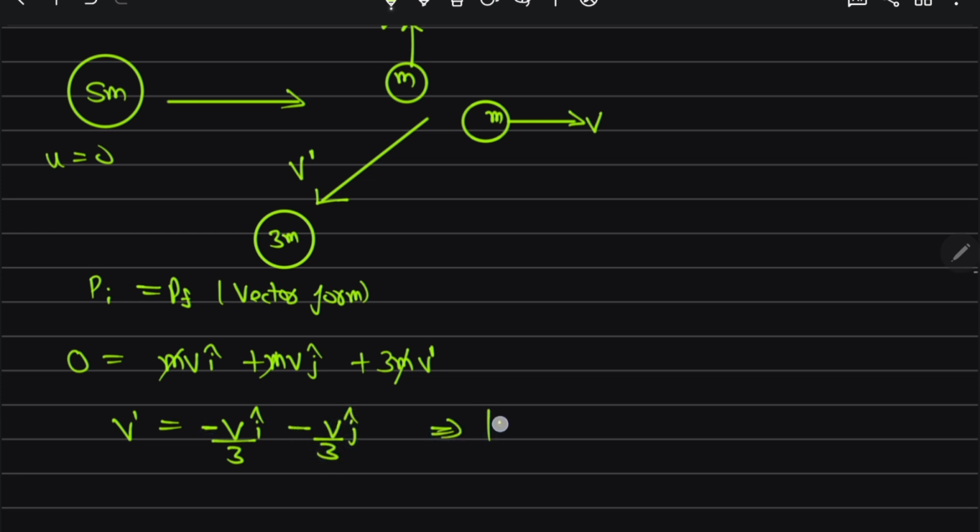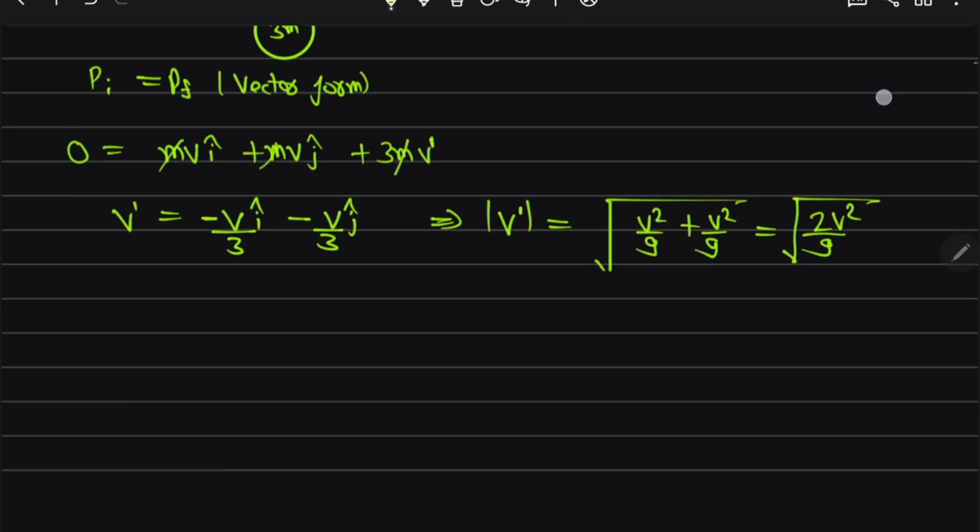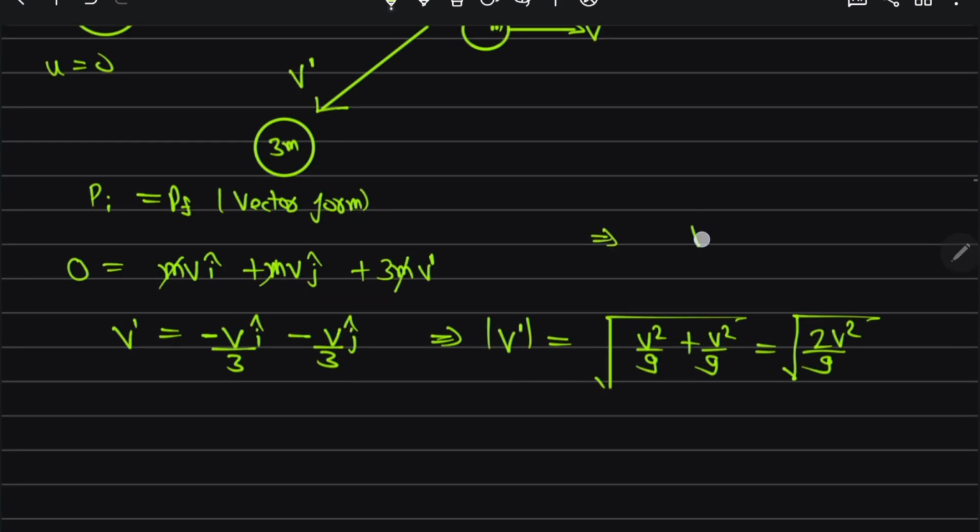If I find the magnitude of it, that is v square by 9 plus v square by 9, so that comes out to be 2v square by 9. So v dash comes out to be root 2 v by 3.